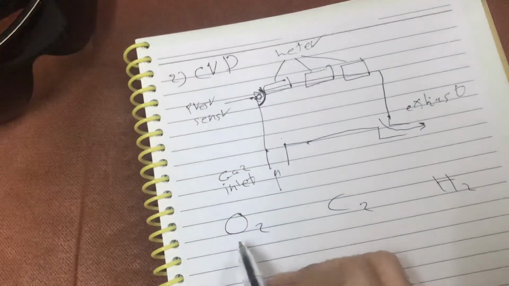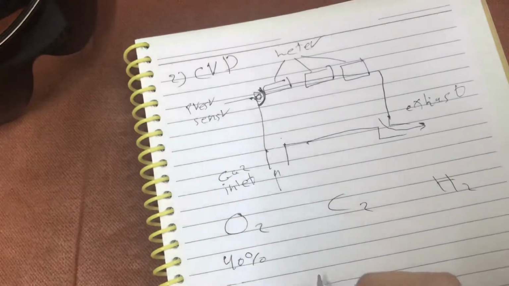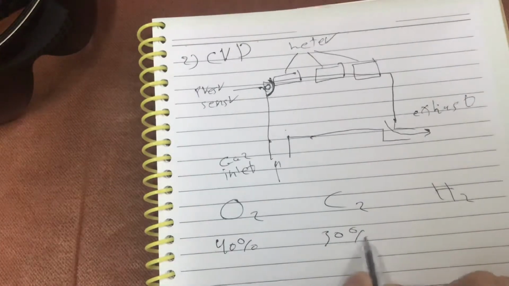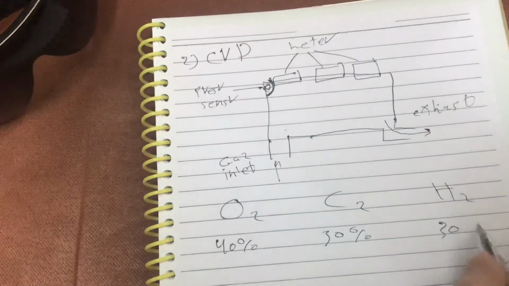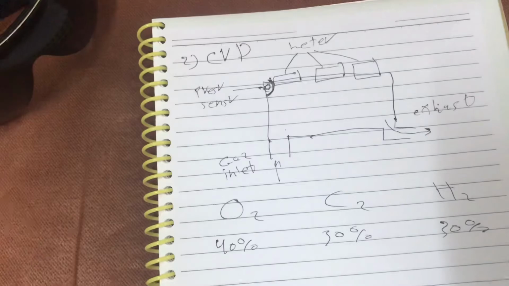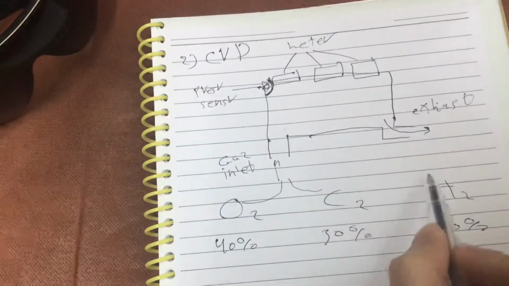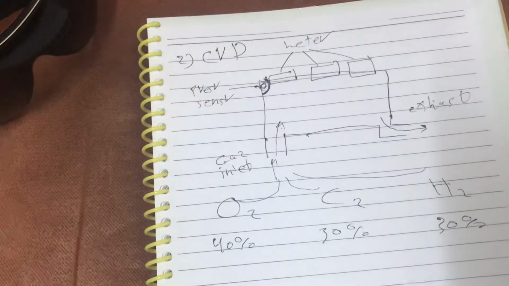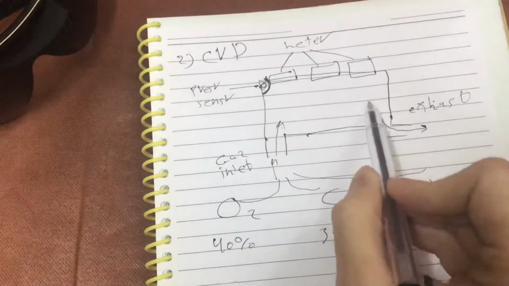If we have, for example, 40% of O2 and 30% of C2, then H2 will be 30% as well. So we mix the 3 gases and they go inside the furnace for about 30 minutes. And after that, the gases will burn and exhaust from here.